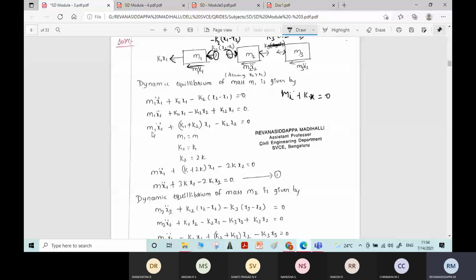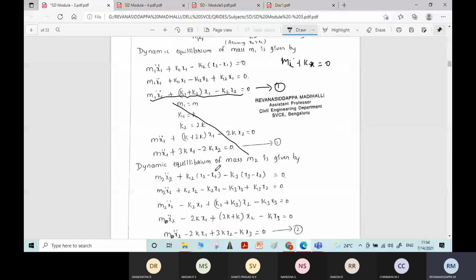Call this equation number 1. You don't do all these steps. Now apply the equilibrium condition for the second mass and segregate the coefficients of x1 and x2. This is the equation you get. Call this equation number 2.